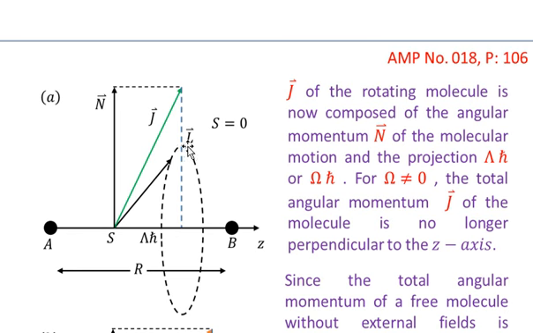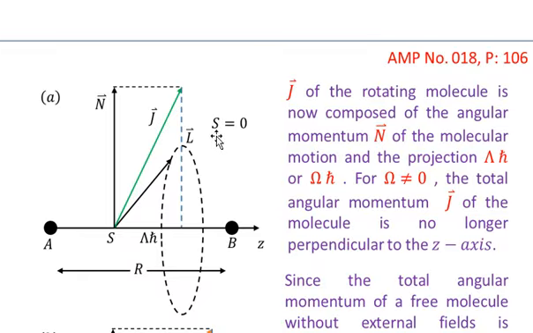The capital L will carry out a precessional motion in a loop shown with a dotted black circle, about the z-axis. And the average value of L, the projection of that on the z-axis, will be capital lambda times h bar.